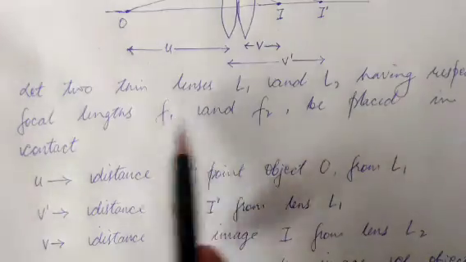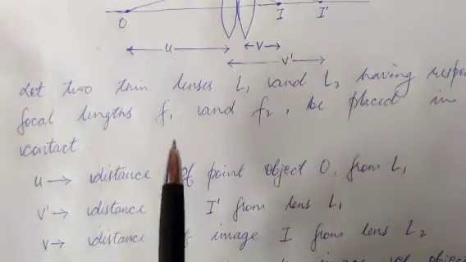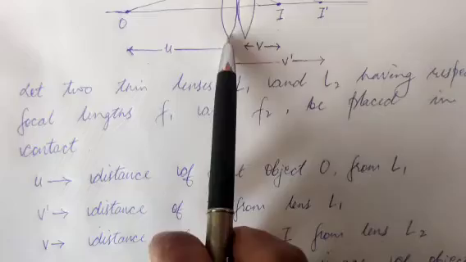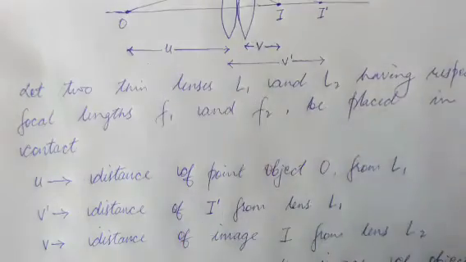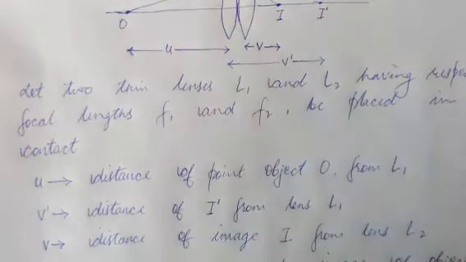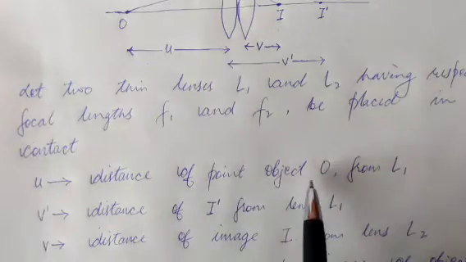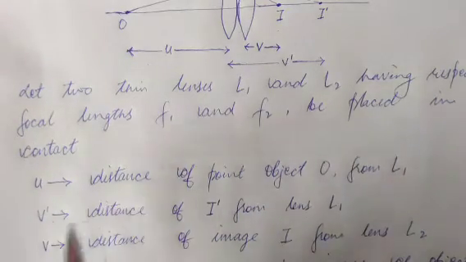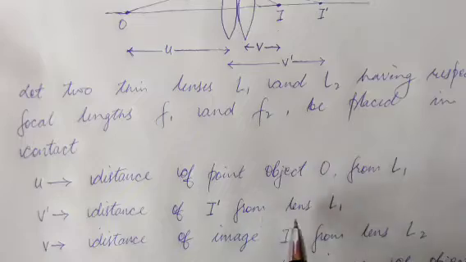So let two thin lenses L1, L2 have respective focal lengths f1 and f2. So f1 is the focal length of L1, f2 is the focal length of lens L2, and they are placed in contact. So U is the distance of point object O from L1. V dash is the distance of I dash from L1.